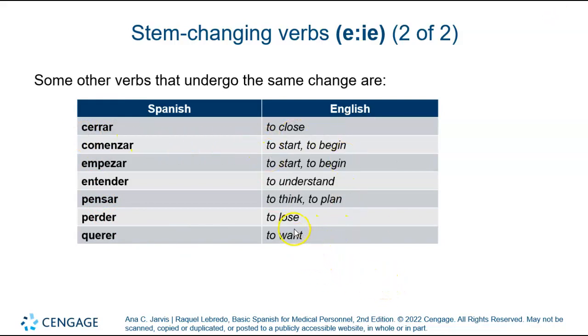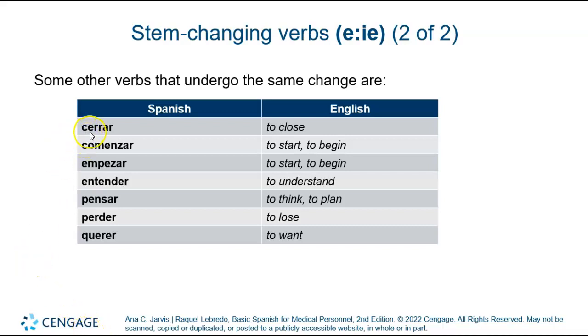Let's go ahead and say each one. Repeat after me. Cerrar. Comenzar. Empezar. Entender. Pensar. Perder. Querer. So for example, what would each verb sound like in the yo form?